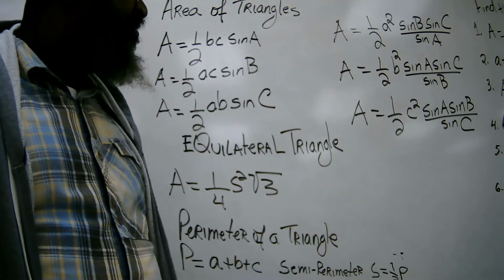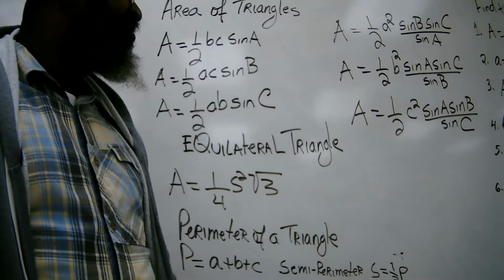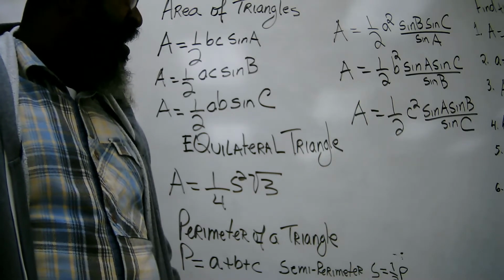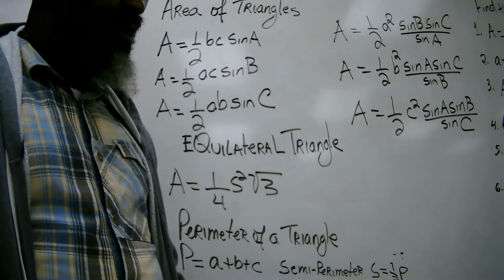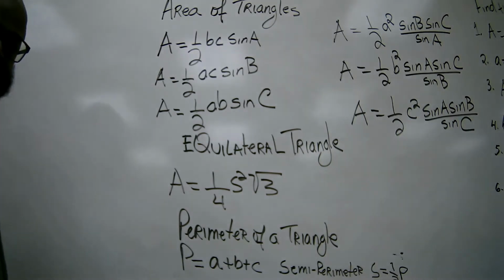That will be 1/2 a squared times sine B times sine C, then divided by sine A. You're going to use the sine a lot. In this case, you need to know the three angles in a triangle. Remember that the sum of the three angles in a triangle is 180.